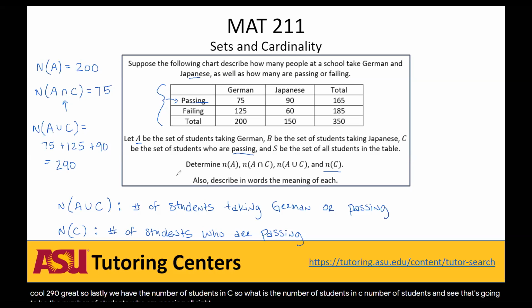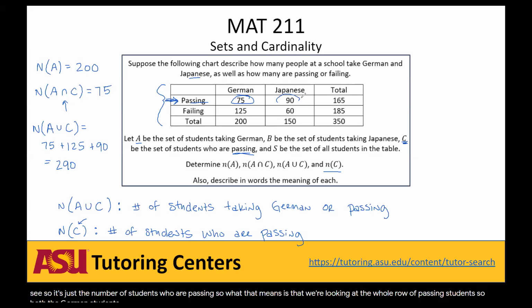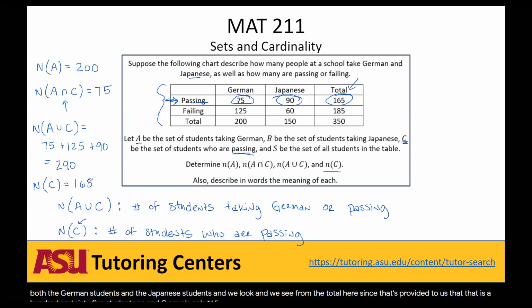And that's all it is, since we only have the one condition, the one event, or one set here, C. So it's just the number of students who are passing. So what that means is that we're looking at the whole row of passing students, both the German students and the Japanese students. And we look and we see from the total here, since that's provided to us, that that is 165 students. So N of C equals 165.